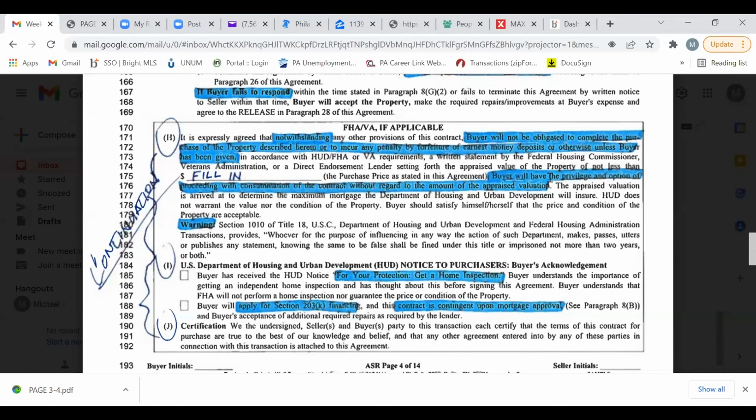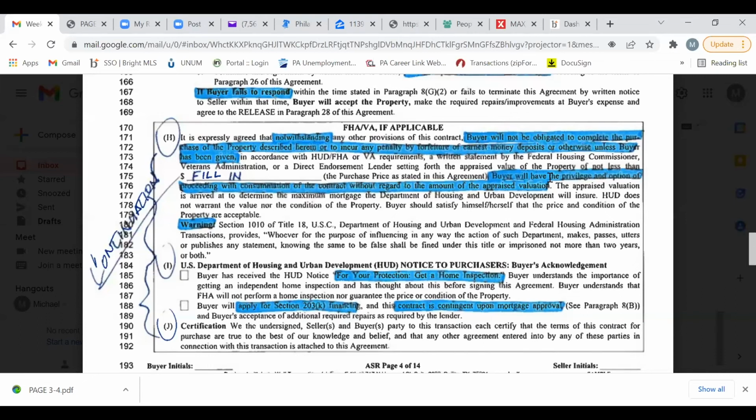Well, if they switch from conventional to VA, then first of all, you have to find out why. Okay, why are they doing it? And usually it's to say that they need less upfront money, but you have to find out the why. Why are they changing lenders or the type of loan?